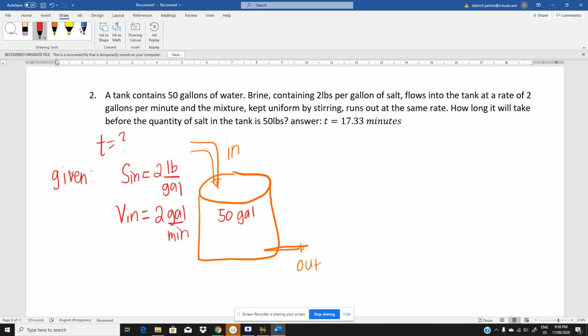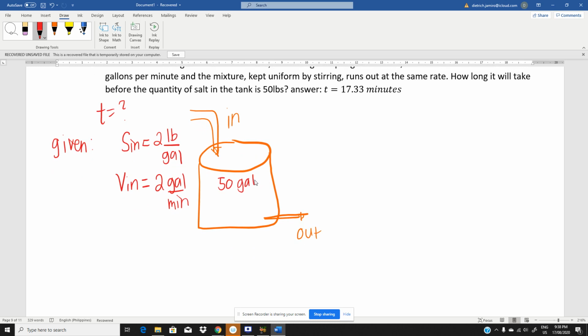And then the mixture, kept uniform by stirring, runs out at the same rate. So we have our S out, that's the unknown. And then we have our V out, which is at the same rate, meaning 2 gallons per minute.